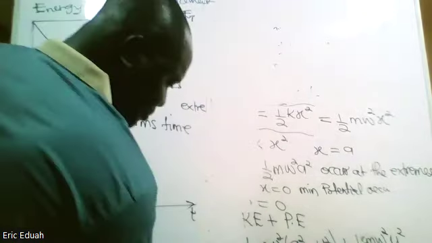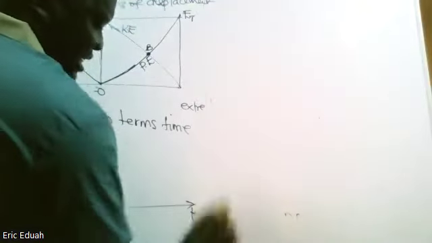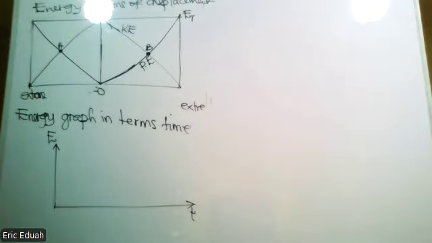But we have seen these energies in terms of displacement. So we must express these energies in terms of time for us to be able to plot the energy and time graph. How do we do that?